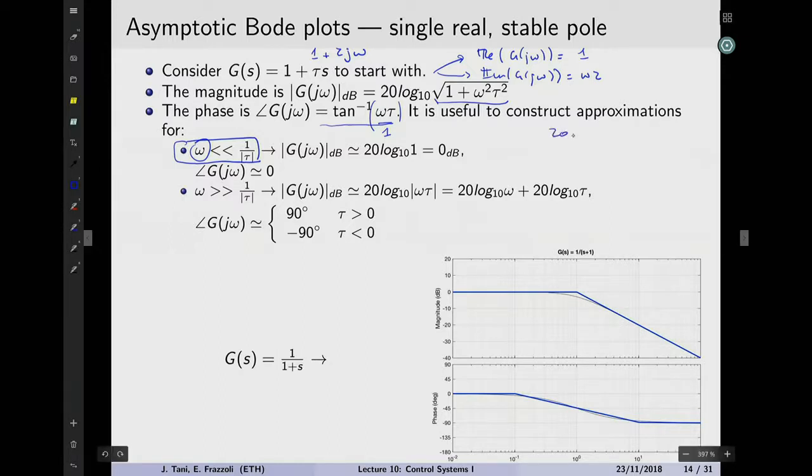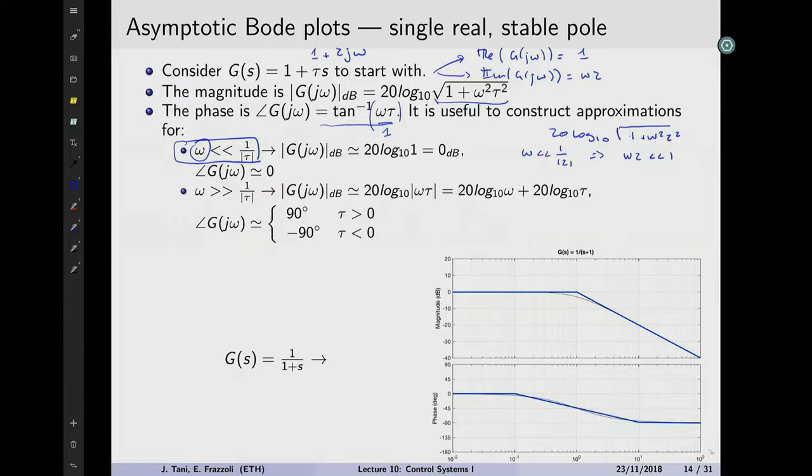Let's look at this term here, 20 times logarithm in base 10 of the root of 1 plus omega squared tau squared. Now, if omega is much smaller than 1 over tau, this means that omega tau is much smaller than 1, correct?